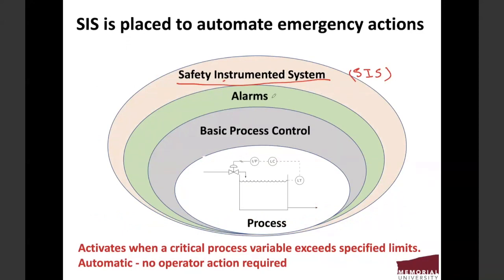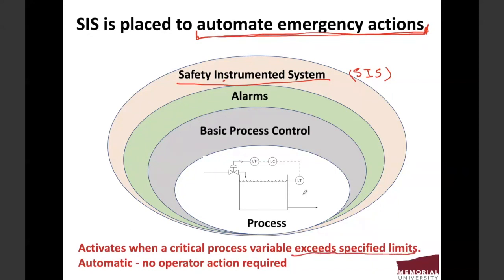So what is the basic objective of a safety instrumented system? We place it to automate our emergency actions. We want a system to take its own action in case of any emergency. Instead of the operator intervening, the system should have the ability to take the corrective actions. It activates when the critical process variable exceeds the specified limits.